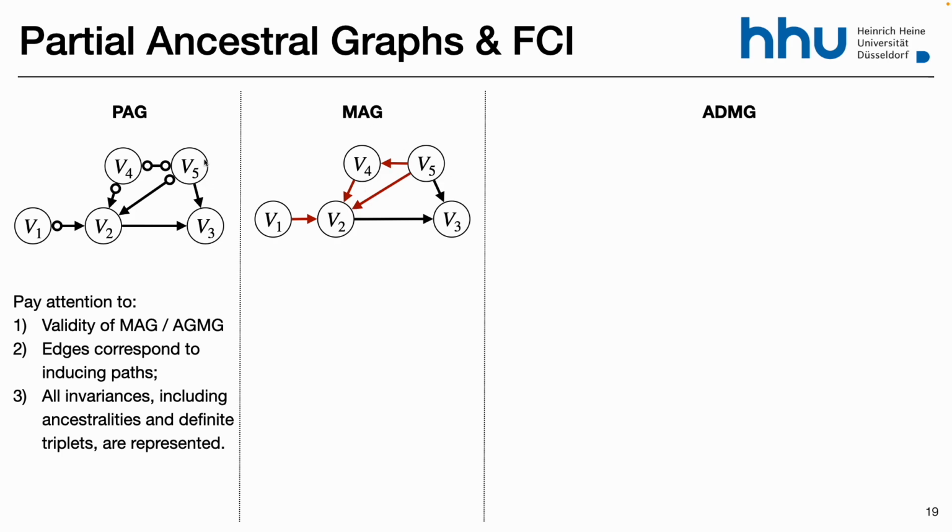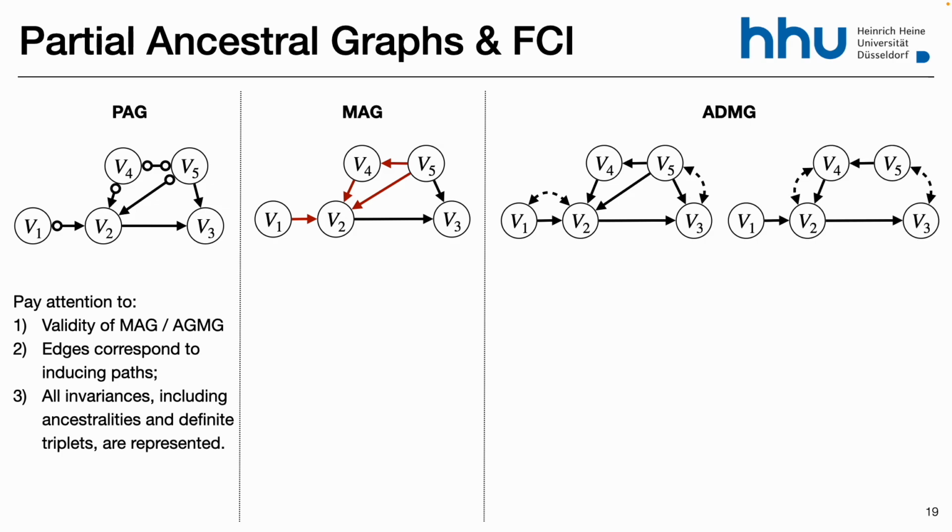So if this is a valid MAG, then I can create ADMGs following a MAG as we did before. So for every edge in the MAG, I can create either an edge or an inducing path. So in this case, I'm just creating something very simple. I'm keeping the same skeleton and adding a few bidirected edges that are not creating any inducing path. I can create something more complex like this one.